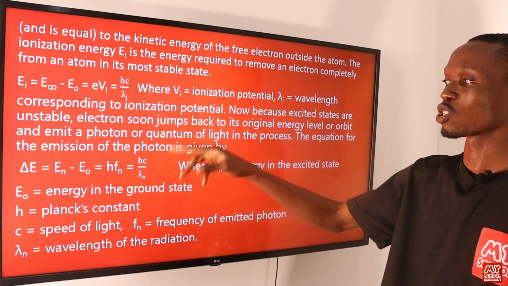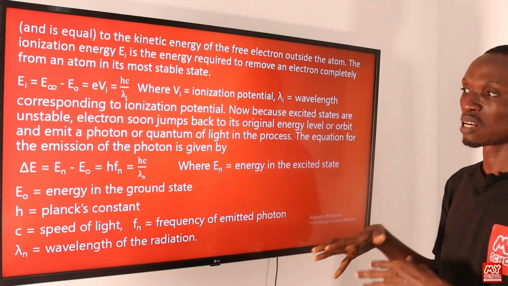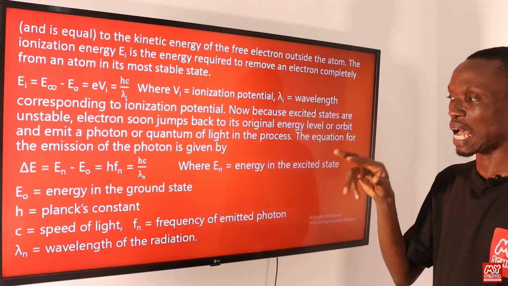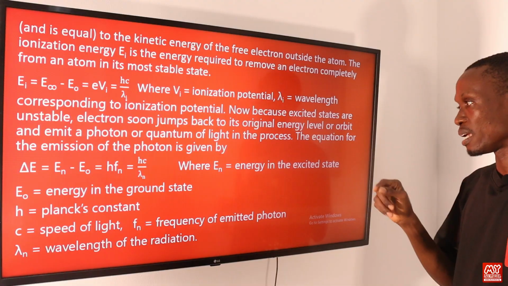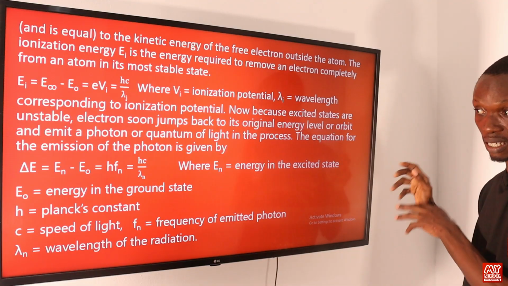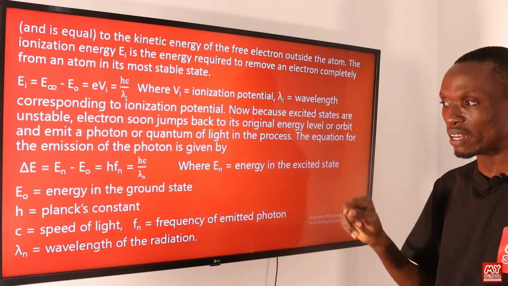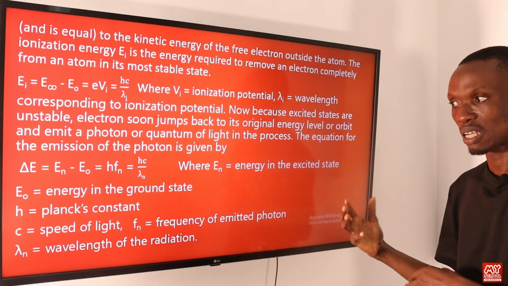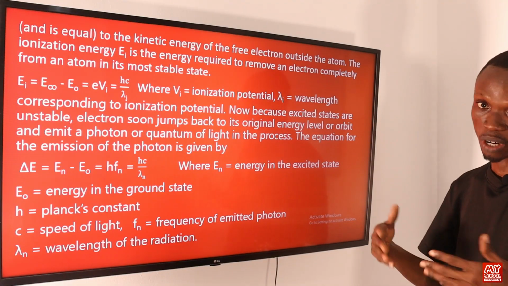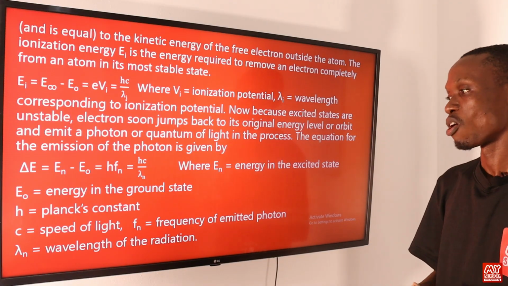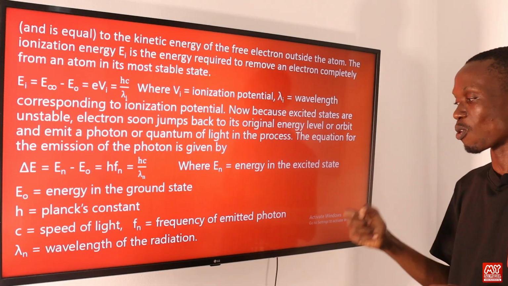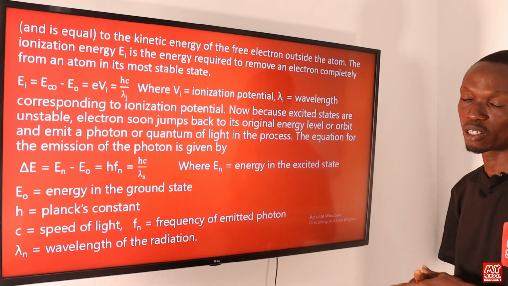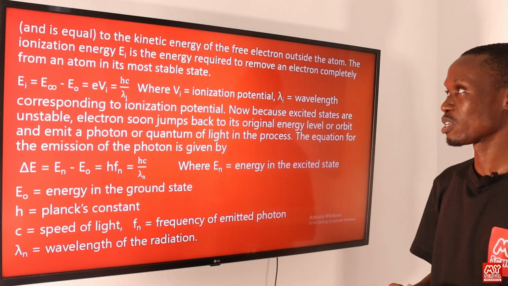So in place of f, we replace it with c all over lambda, so that delta E is also equals hc all over lambda_n, where E_n is the energy in the excited state, while E naught is the energy in the ground state. h, as we know, is Planck's constant, and c corresponds to the speed of light in vacuum, while f_n is the frequency of the emitted photon, and lambda_n is the wavelength of the radiation. So let's move to the next slide.